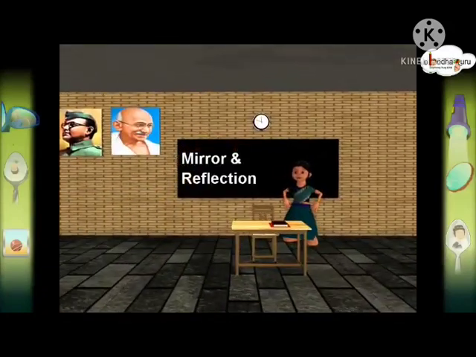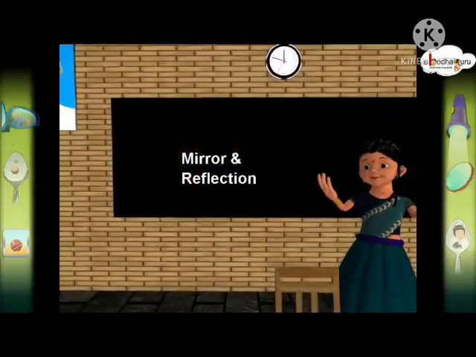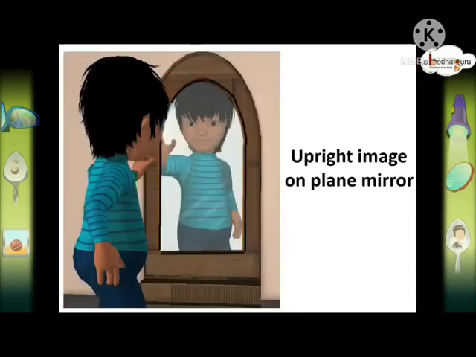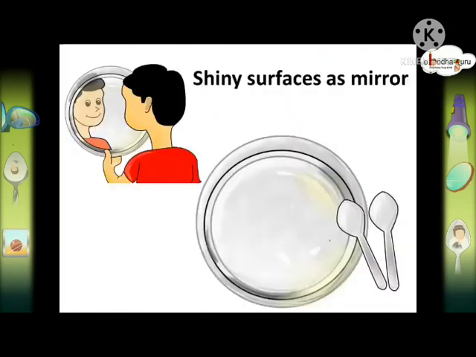Good morning, children. Today we shall learn about mirror and reflection. When we think about the mirror, we think about the plane mirror which we use to see our face. That image we see is always straight and upright and of the same size. Like here, the boy is seeing his image in the mirror and it is of the same size as his. But we see our faces in other polished surfaces too.